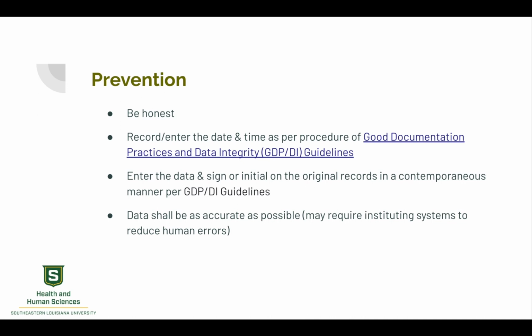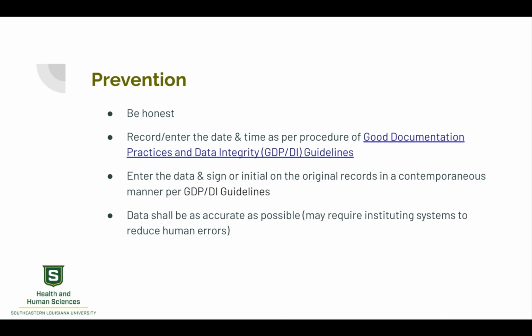An example would be encrypting data or restricting data entry so that not just anybody gets to enter data. Only very few people can enter data, or a situation whereby it requires two-factor authentication to make any changes to the data, whether in cleaning or anything else, so that this way you're minimizing it.